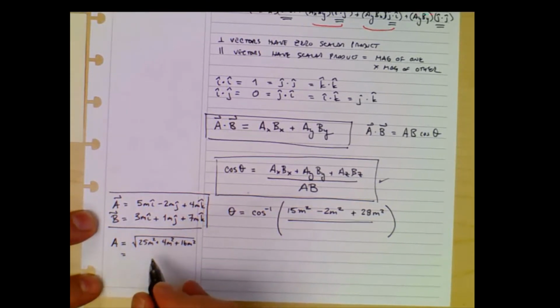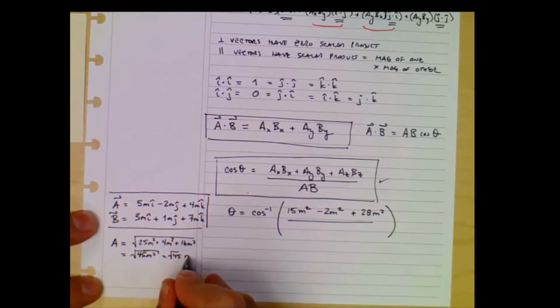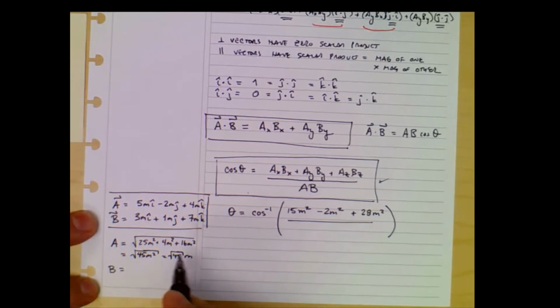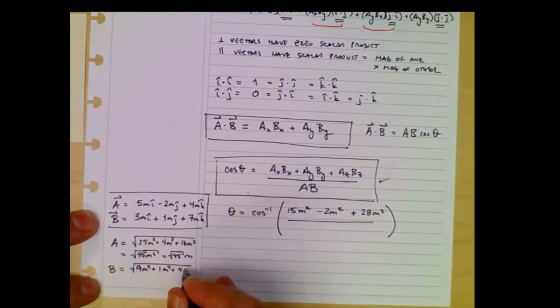Okay, and that should equal 25, and 20 is 45, the square root of 45 meters. And B likewise will be the square root of 9 meters squared plus 1 meter squared plus 49 meters squared, or the square root of 59 meters.